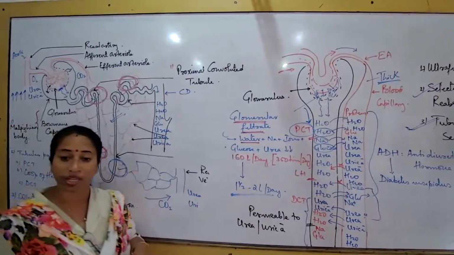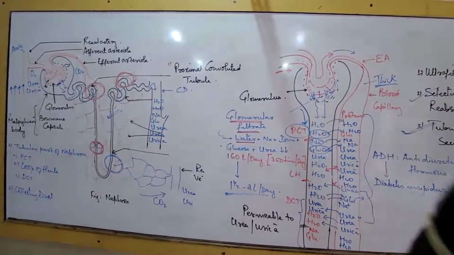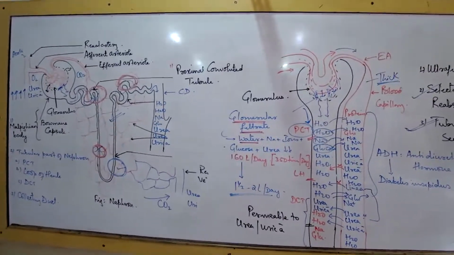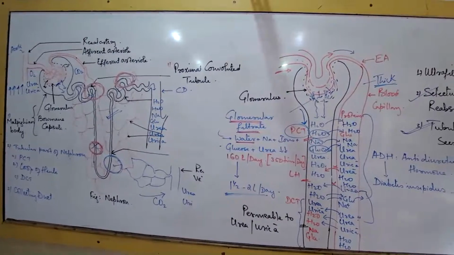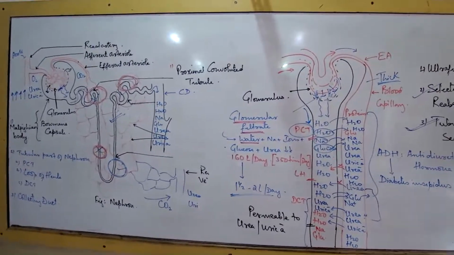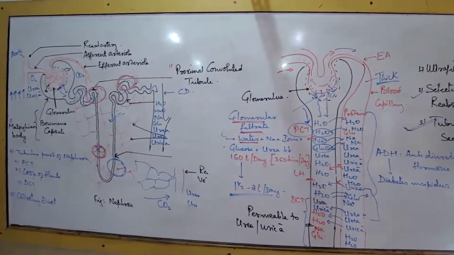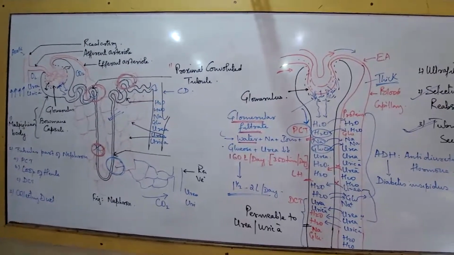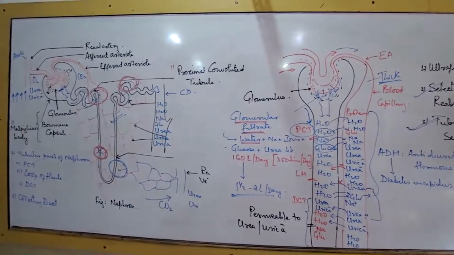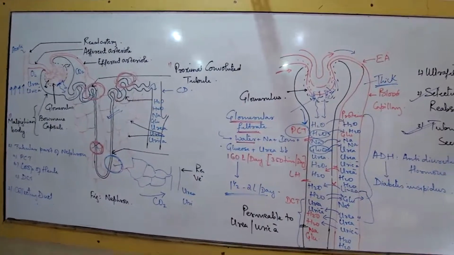Now that we are talking about where urea is formed in the body, how is urea formed? I explained in the previous class. From which component in liver cells is urea formed? Which simplest form of nutrient is broken down in the liver to make urea? Amino acids.